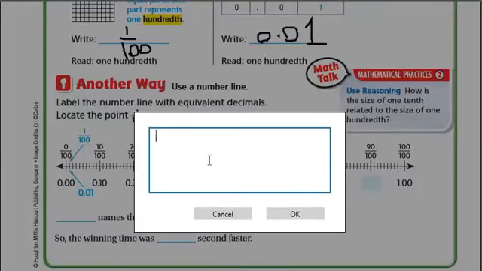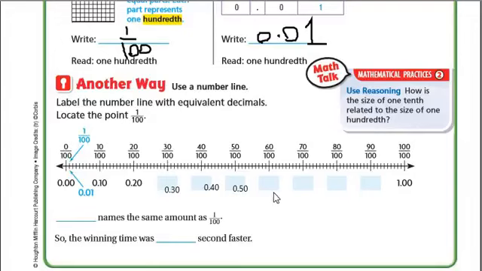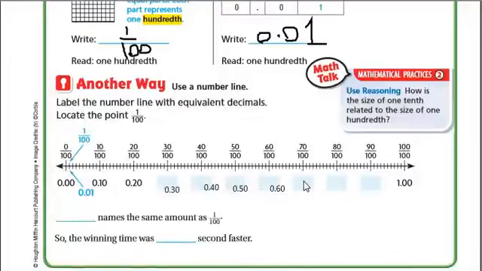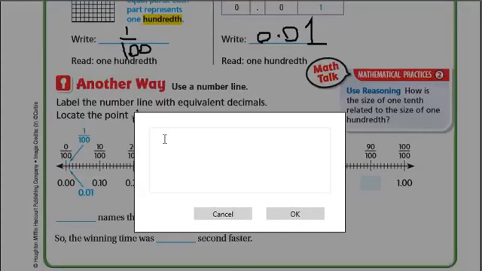50. I write the numerator, move 2 places from right to left, put the decimal point, then 0. 60. Move 2 places from right to left, 0. 70.